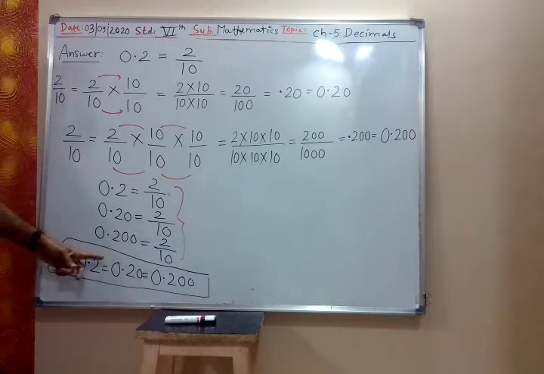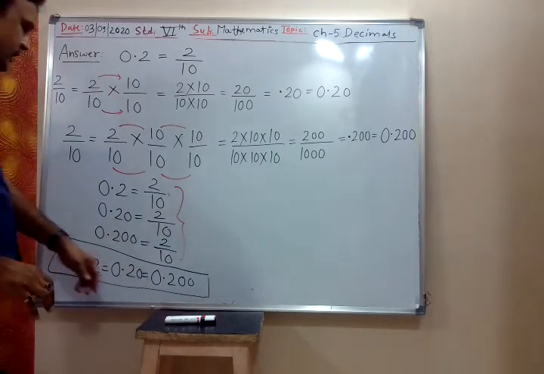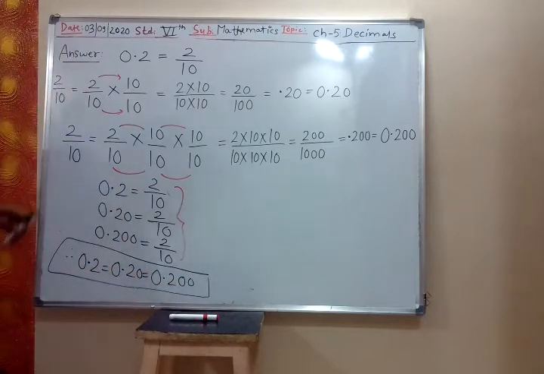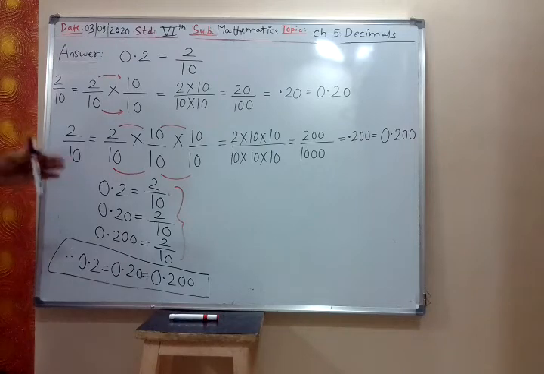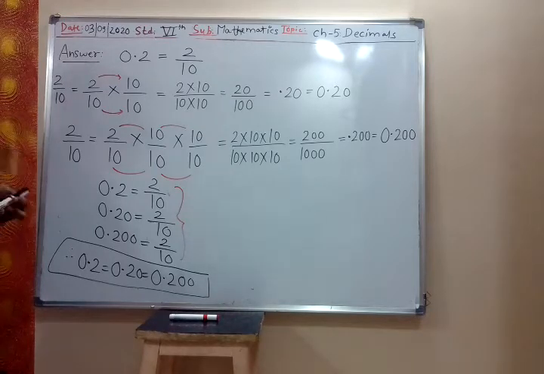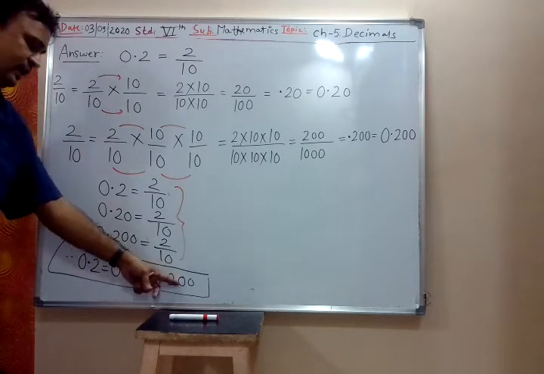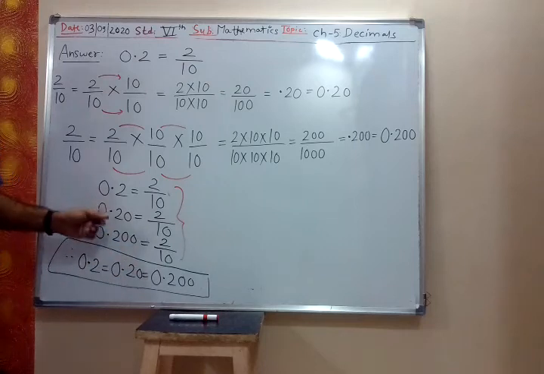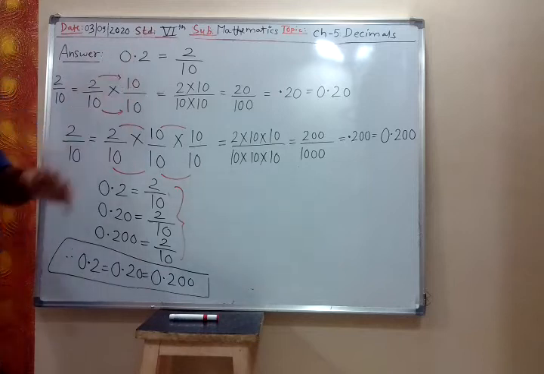So whenever we add 0 to the right of the number after the point, the value of the number remains the same. This is an important result. 0.2 is the same as 0.20 is the same as 0.200.